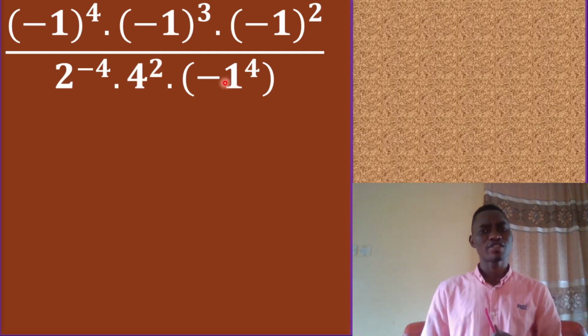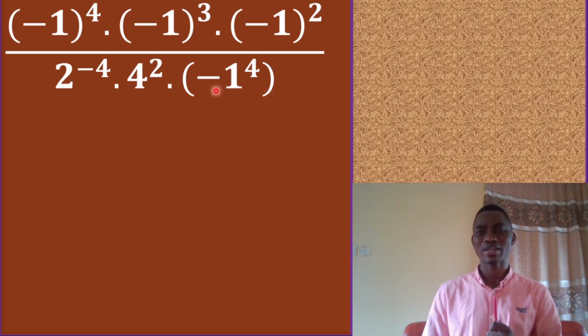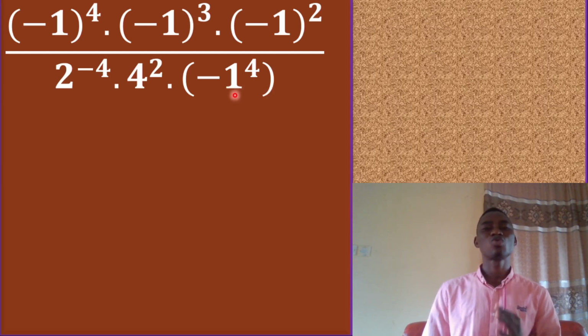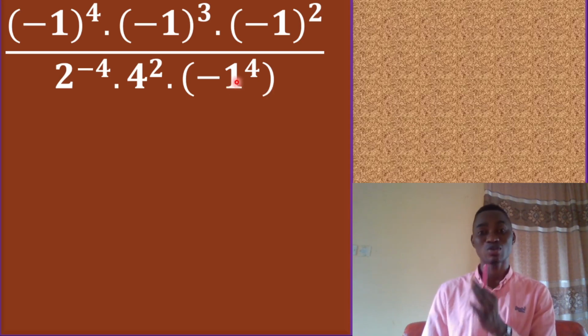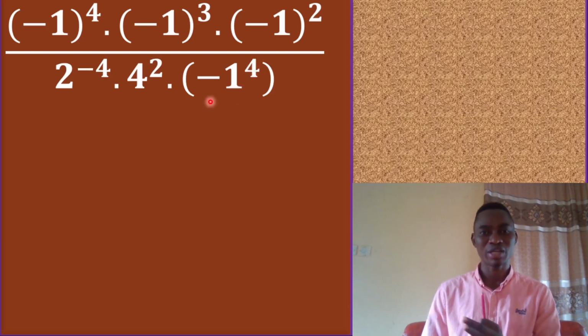All right, friends, let's pay serious attention to this last part. We learned in the previous slide that an expression like this is as good as only minus 1 raised to the power of 4. So the bracket does not really change anything here.